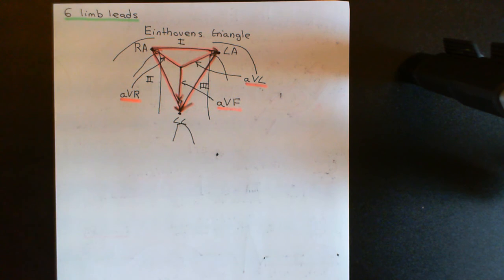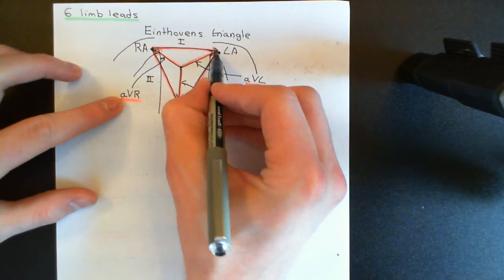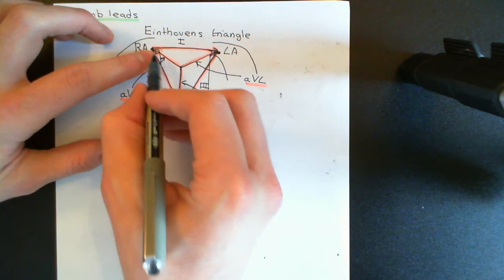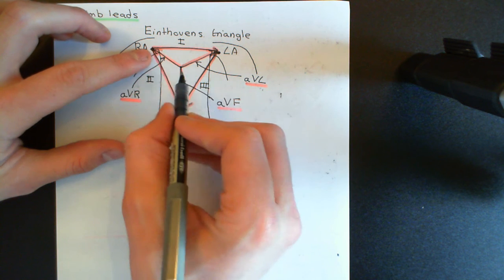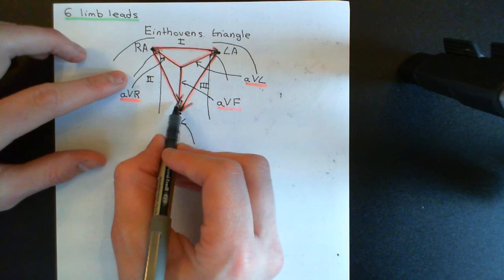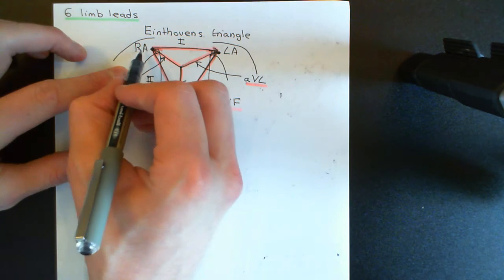Okay, so for instance, if we were to think about AVR here, we're taking the average of the left arm and the left leg, and then taking the electrical potential difference from there to the right arm up here. That, if you look at this arrow, is effectively the opposite way round to lead 2. Okay, we're going from the down portion up to this portion.